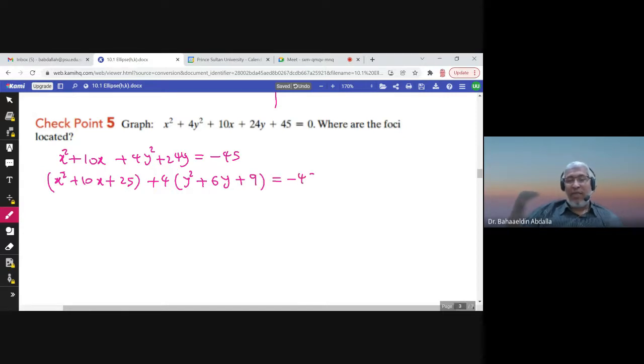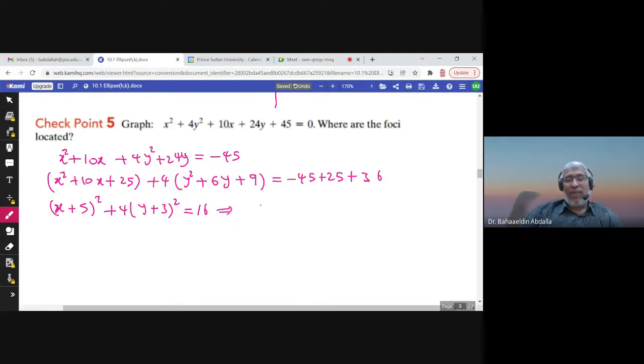Now I have -45 plus. I added 25 times 1, and I added 9 times 4, which is 36. Now I have (x plus 5) all squared plus 4 times (y plus 3) all squared equals -45 plus 25 plus 36, which is 16.